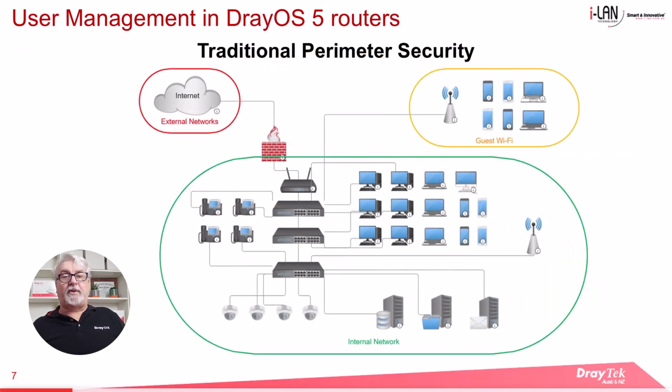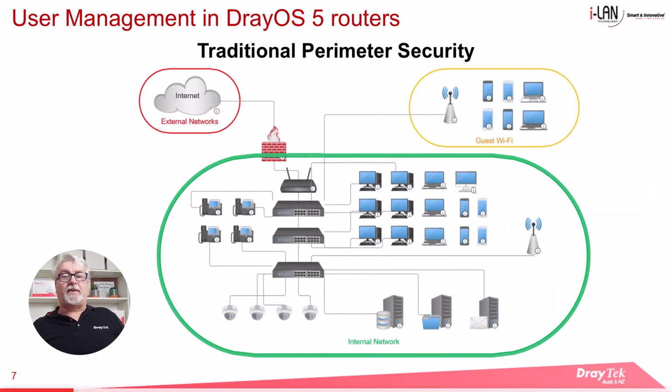So if we look at the traditional perimeter security model, here you can see a focus on preventing threats from the internet outside the local network. Under this model, there's not necessarily any security inside the local network, so if a device there gets compromised, an attacker may now have access to internal business critical servers without any further opposition.